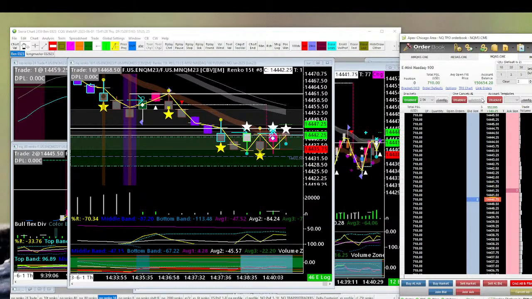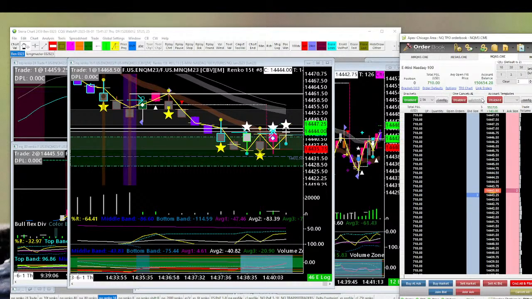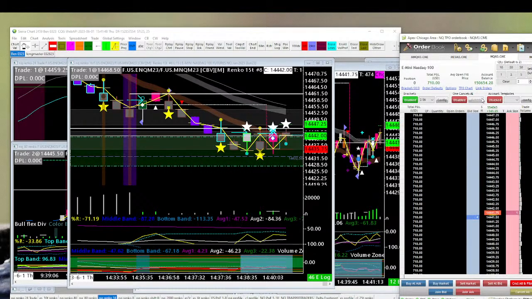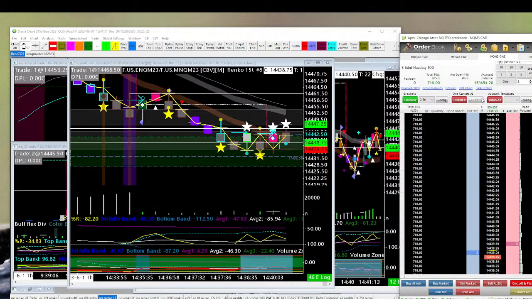But eventually, if you can earn the performance account, trade responsibly, and follow your process every day, most days, I should say, because even I don't follow my process every day, but most days, you should be able to get the account. And then if you trade small in that account, you can build up your equity in there.